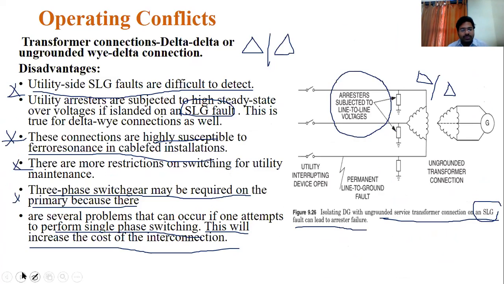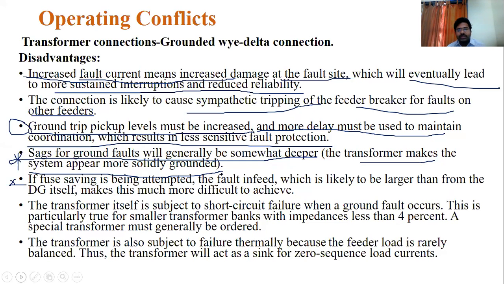Why is fuse saving important? Whenever you use a fuse to protect the system and current passes through that fuse, it may be melted. With a fuse, a person has to come to that point manually and replace it. It may take more time and be costly also. So before the fuse is activated, a recloser activates and clears the fault. We discussed this earlier.